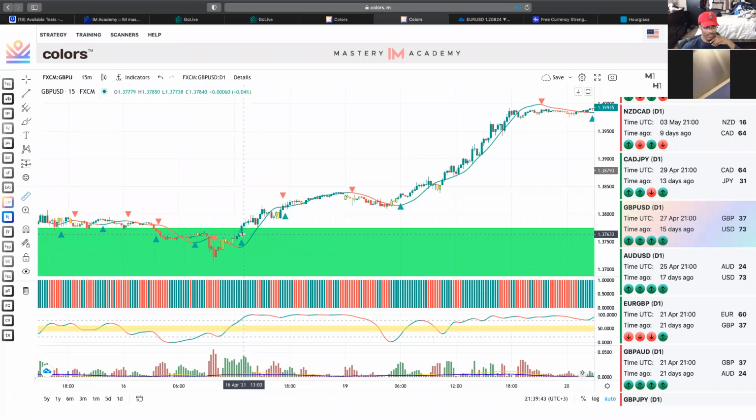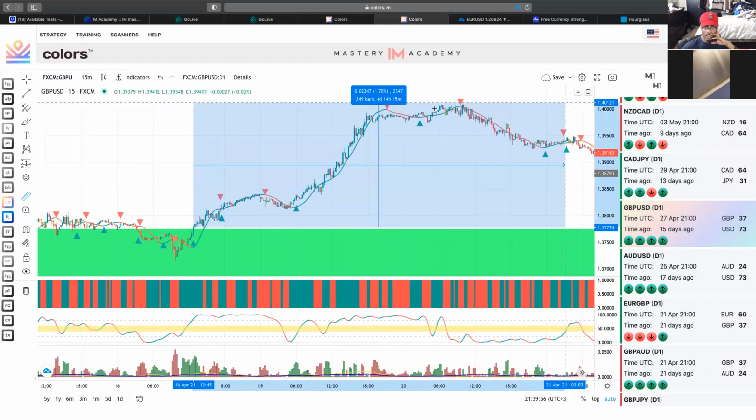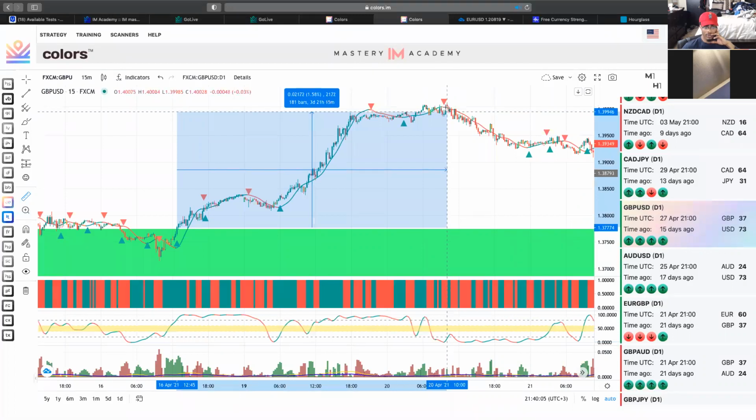You could have popped on either one of these candles. Let's just say we popped late, though. We popped on this one. We would have got a small retest. Never went out of profit. And could have had this trade all the way to right here, probably, until it started turning red on us. That's 200 pips in 3 days.